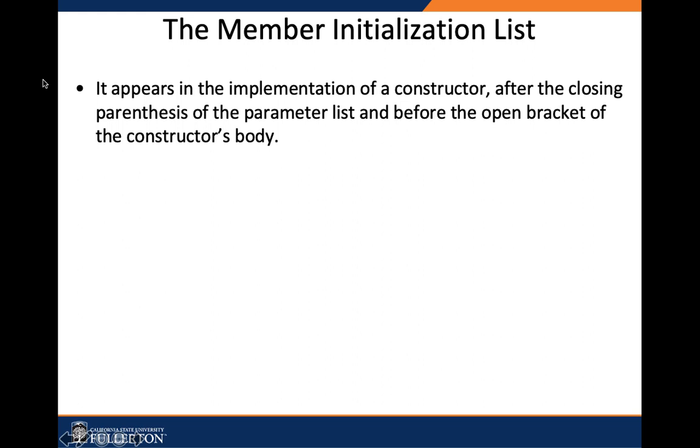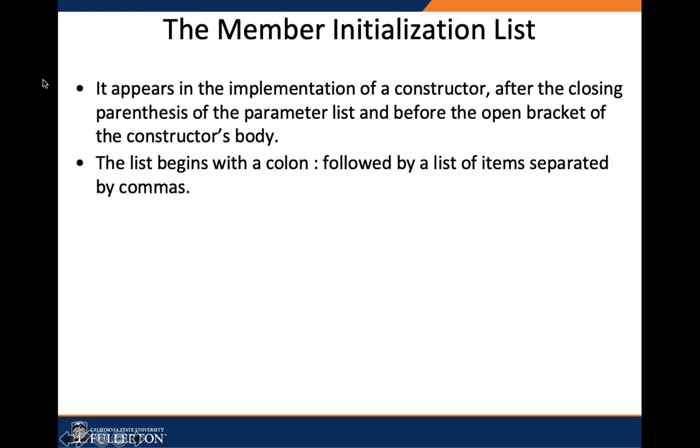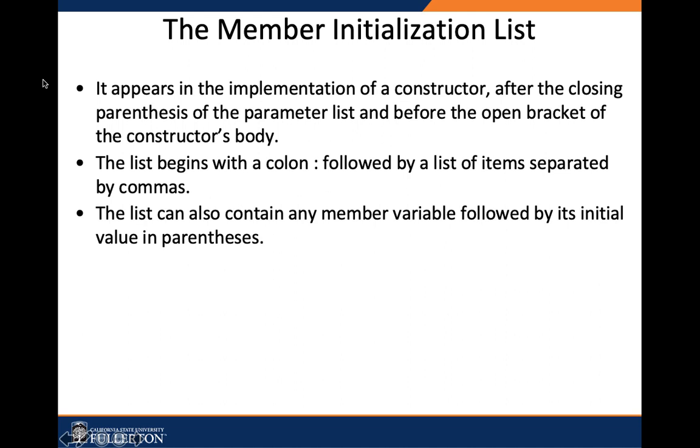The member initialization list appears in the implementation of a constructor after the closing parenthesis of the parameter list, but before the open bracket of the constructor body. It is optional. The list begins with a colon, followed by a list of items separated by commas. If you have a single item, no need to use a comma.